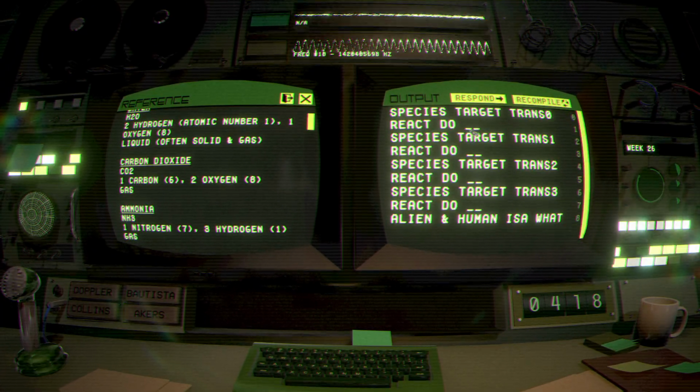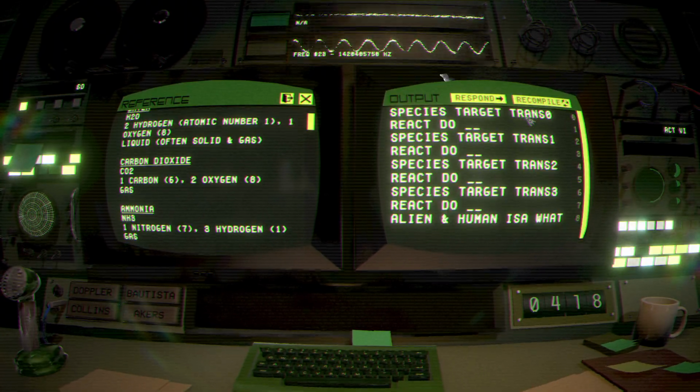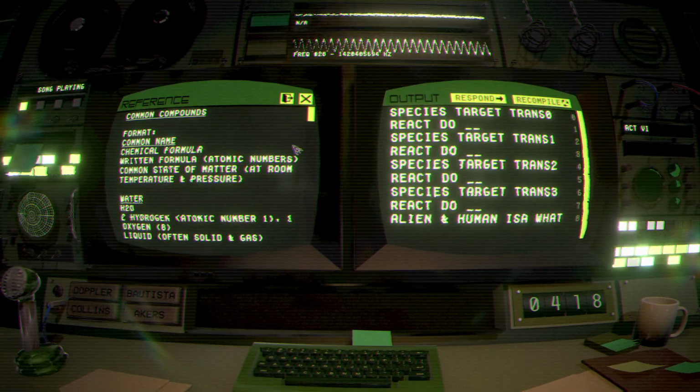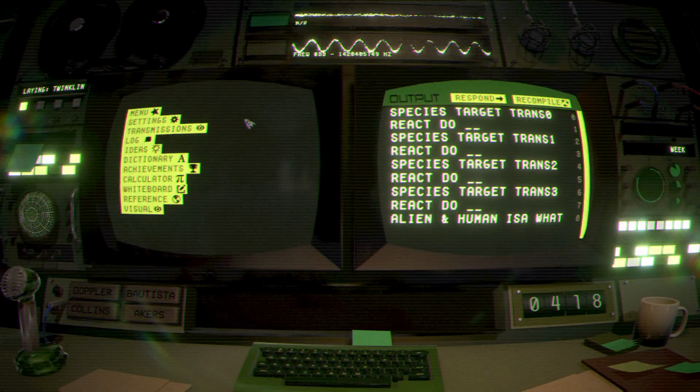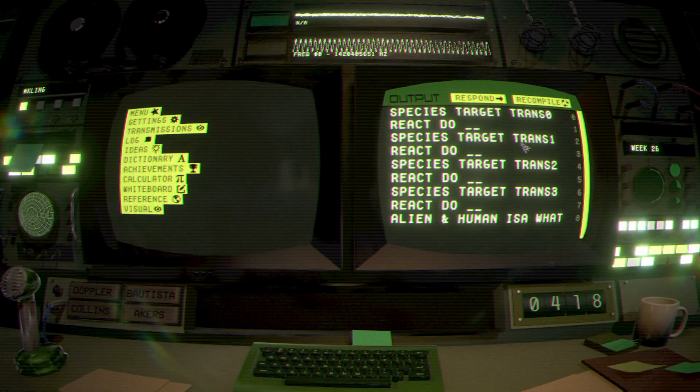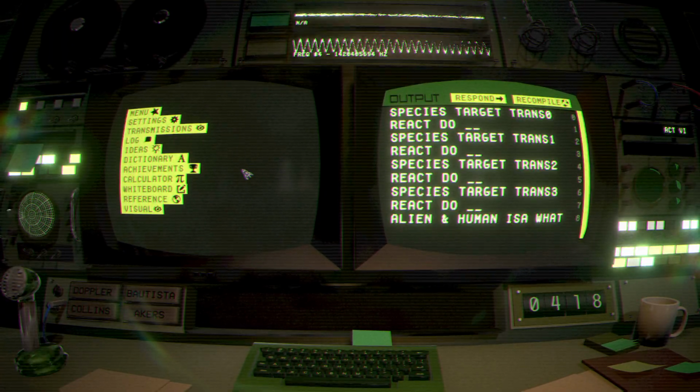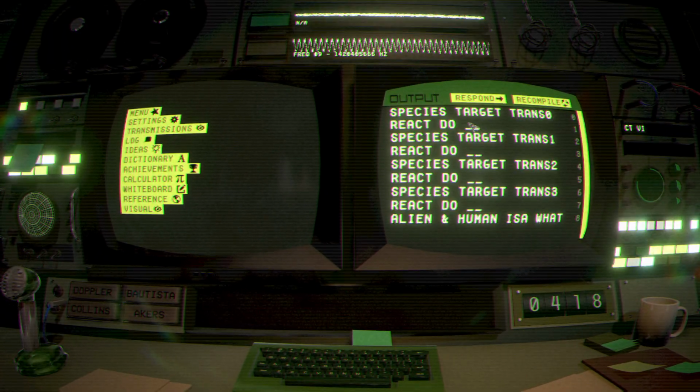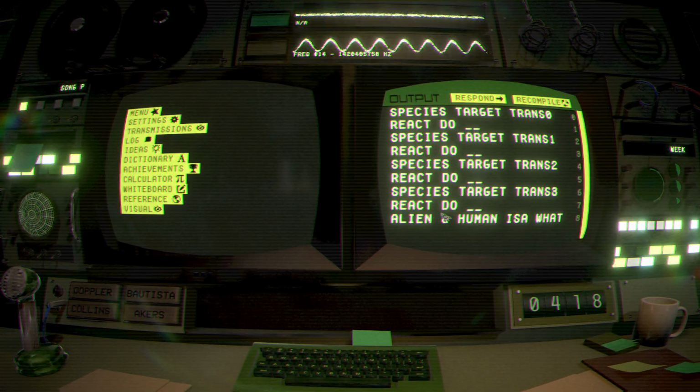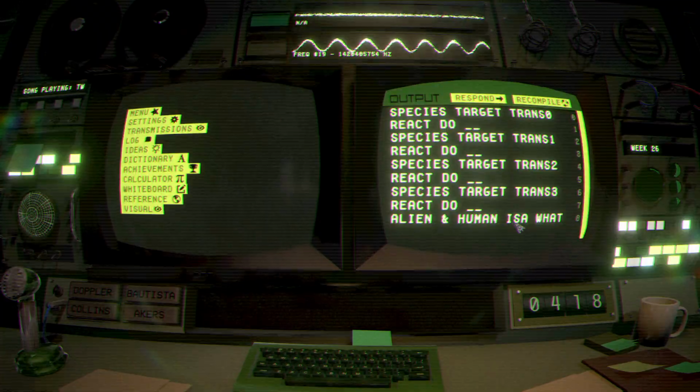Species reacts to these transformations. What?